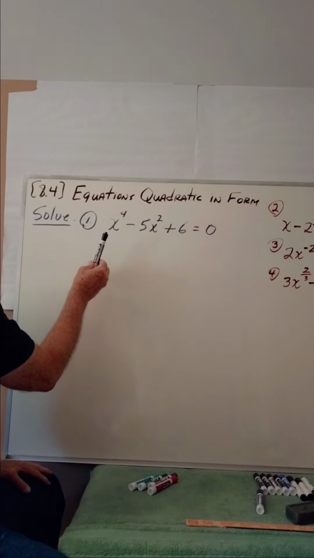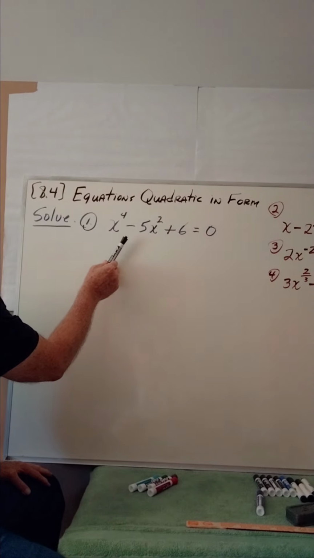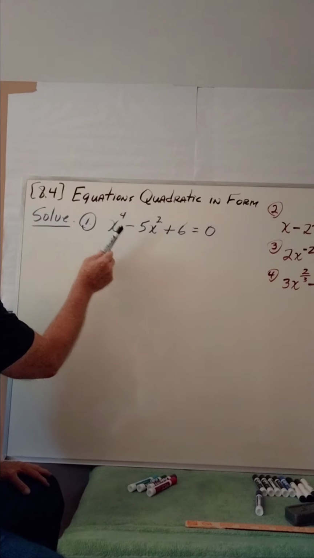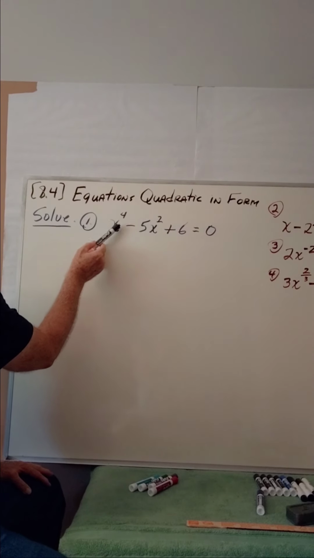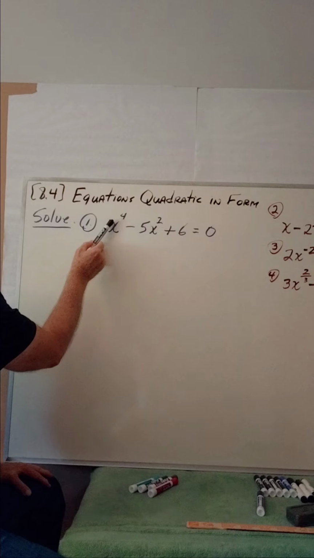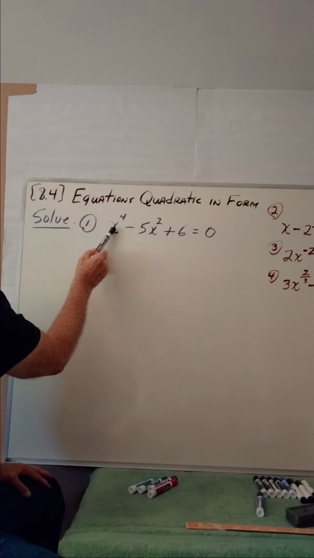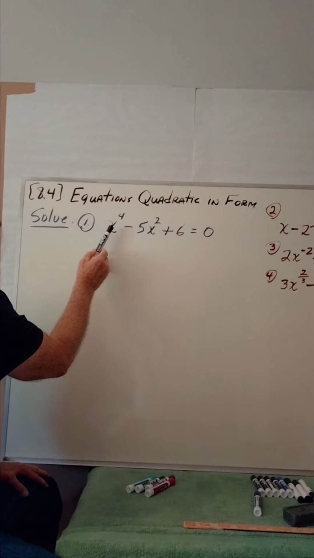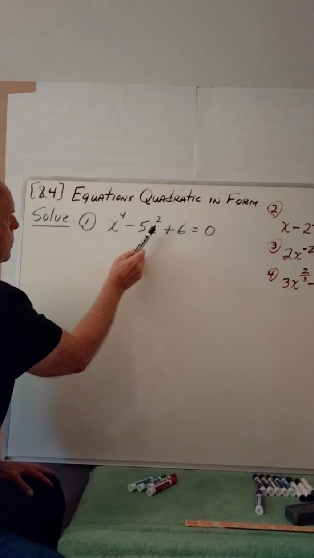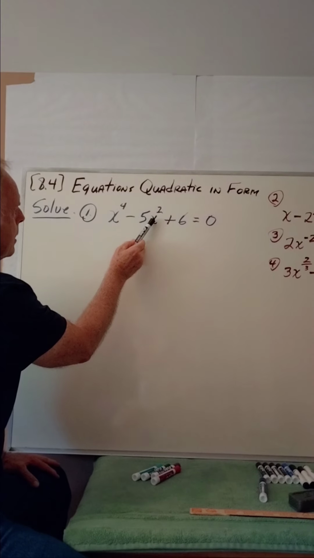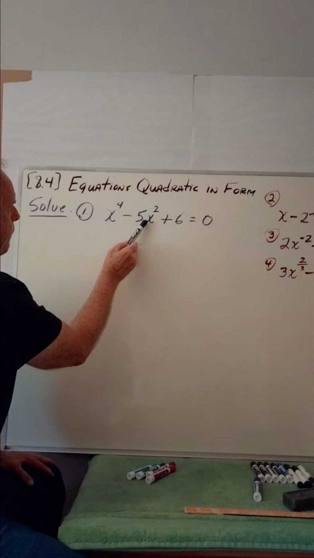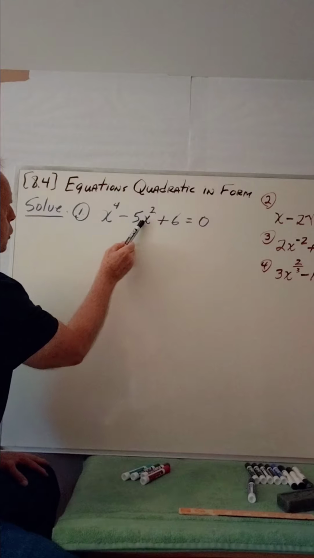And then the most critical characteristic is this. The variable factor of the first term, in this case the x to the fourth, is equivalent to the square of the variable factor of the middle term.